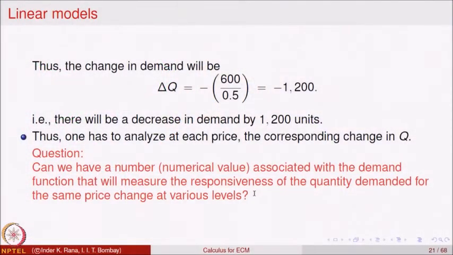So, the question arises, can we have some numerical value associated with the demand function that will measure the responsiveness of the quantity demanded for the same price change at various levels? So, what we are saying is we are given the demand and supply function.